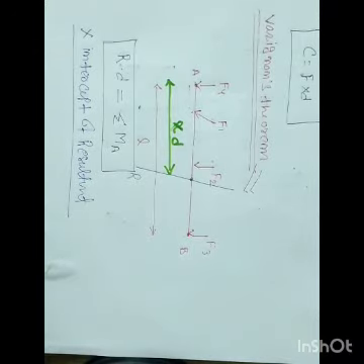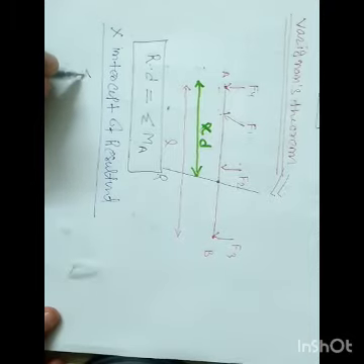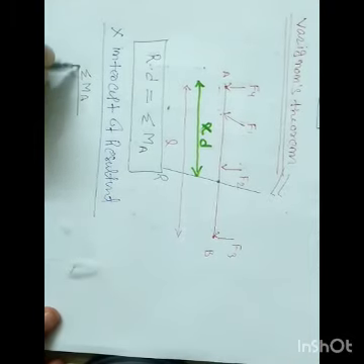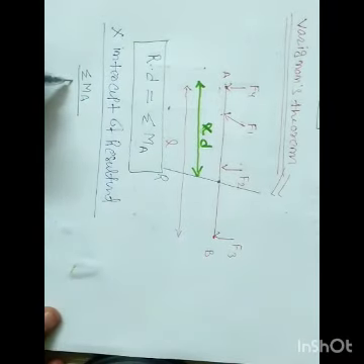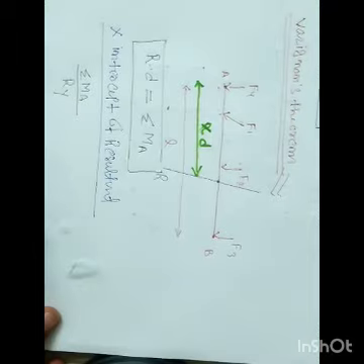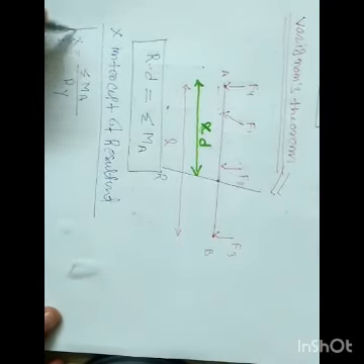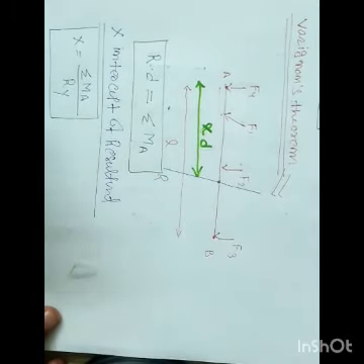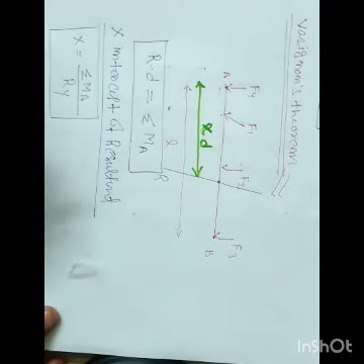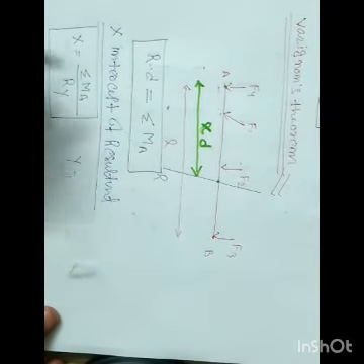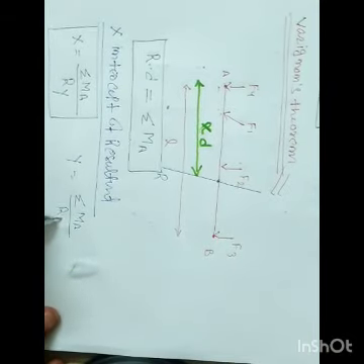The x intercept is the summation of MA, about any point, you can choose B also, divided by Ry, the resultant component along the y-axis. Whatever resultant you get along the y-axis, if you divide the summation of MA by it, you get the x intercept. For the y intercept, just reverse it: summation of MA divided by Rx.